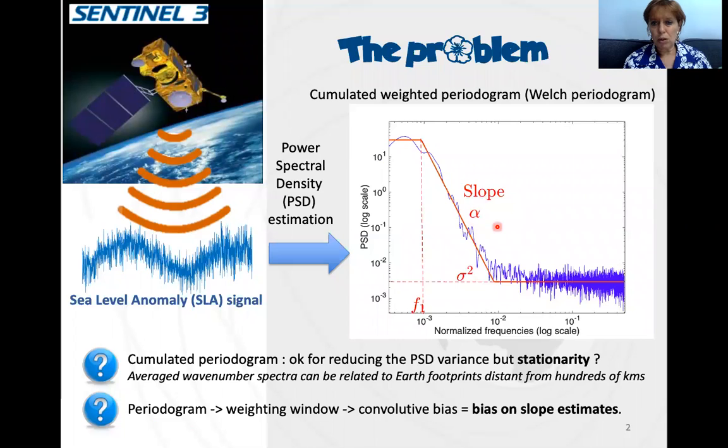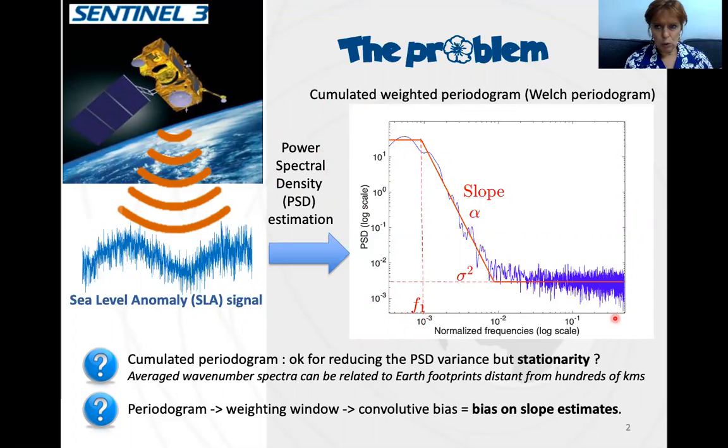This spectrum, or more exactly the power spectral density, or PSD, is usually estimated through a cumulated weighted periodogram. And then the slope, which is a parameter of interest, is estimated by some linear regression on the PSD in a log-log scale.